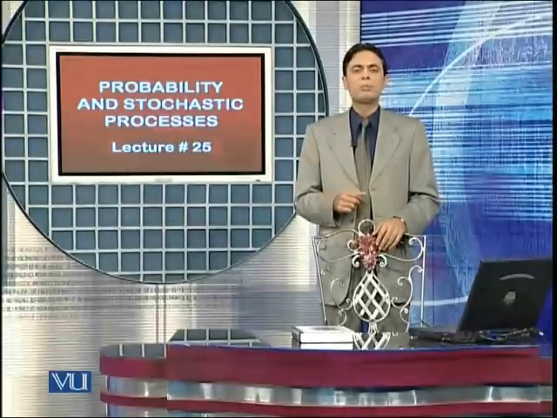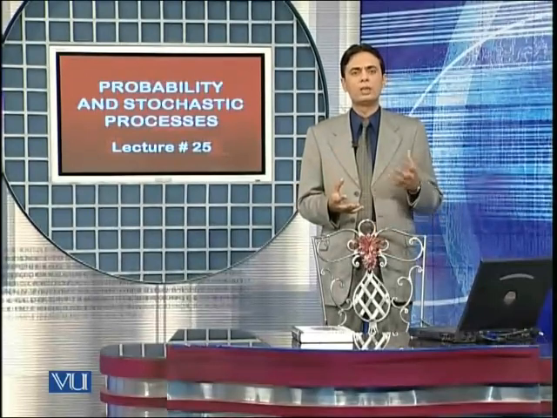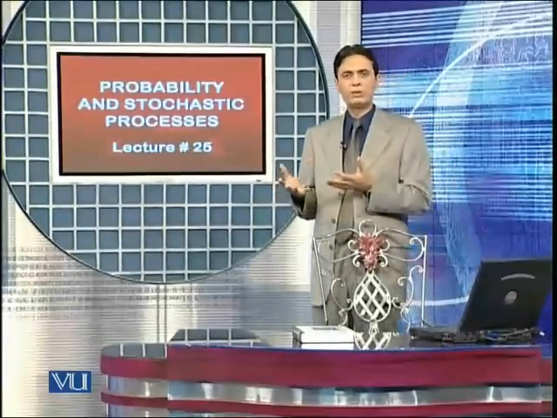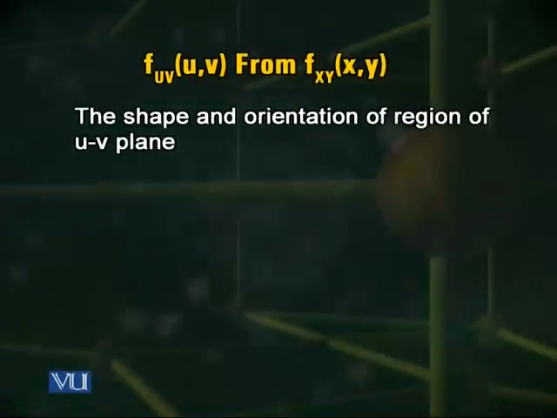In the previous couple of lectures, we worked with a couple of examples where we found the joint PDF of U and V from the joint PDF of X and Y, making use of two transforming functions. You must have noticed that there is some relationship between the region of the XY plane where the joint PDF of X and Y is defined and the region of the UV plane where the joint PDF of U and V is defined.